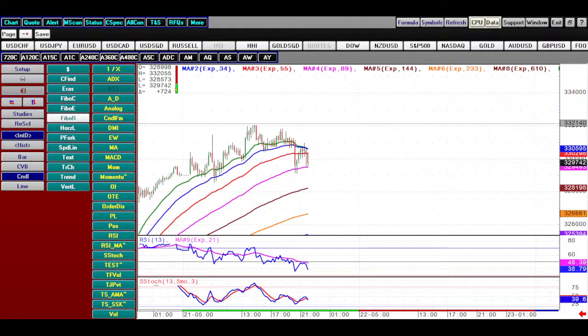Okay, stop at 3312 half. TP, I think we'll still go for the same price, 3296, and expiry is only about 30 minutes.